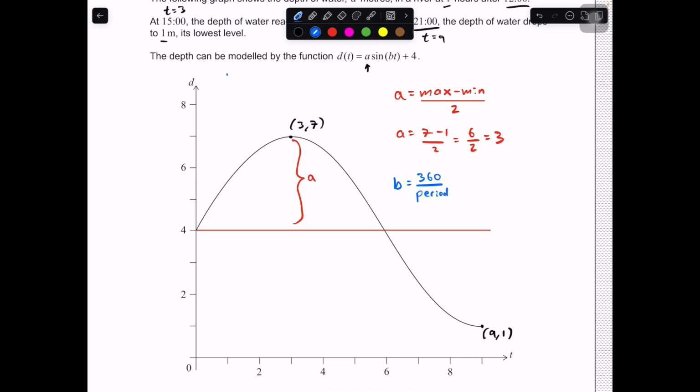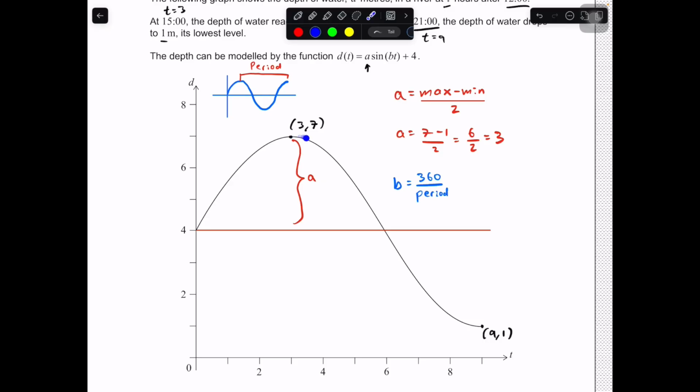Actually, let me just draw a quick diagram to show you exactly what period is. So if we're talking about some sine wave, for example, the period is the time taken to go one complete cycle. This is the period, for example.